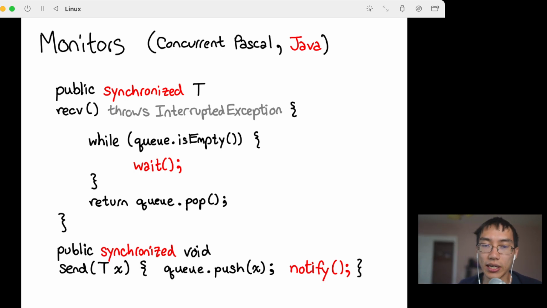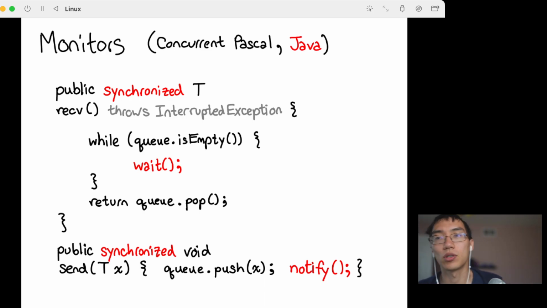And as their name suggests, when you call wait, you suspend the execution of the thread and don't do anything until someone else calls notify on the very same object. And that basically says, okay, go ahead and keep running after the wait. So in this code sample here, we have a very simple, locked queue.